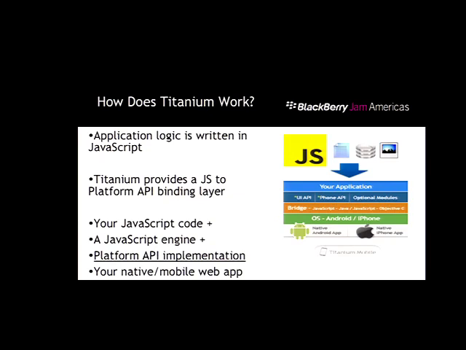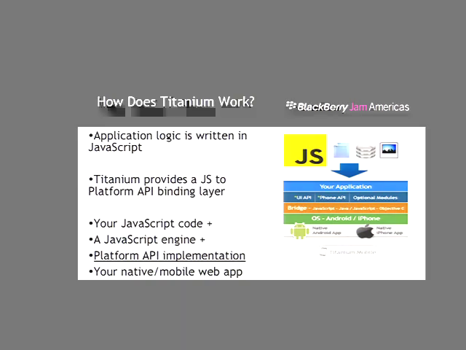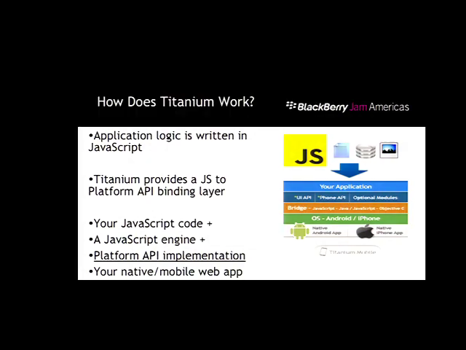Real quick, again, this is kind of how all this works. All your code, your UI, your phone logic, all this stuff is written in JavaScript. We package your app with a JavaScript runtime. For Android, as he said, it's going to be V8, the more performant of the two. But you can also switch to Rhino if it suits you.